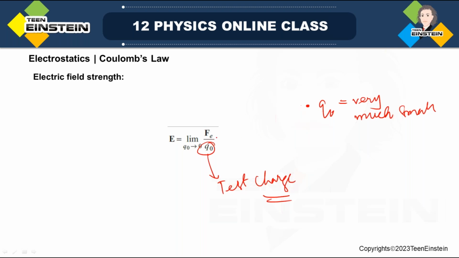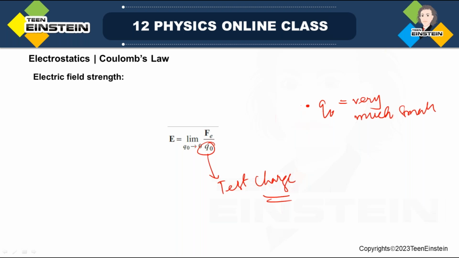If it is very small, then the source charge will not be disturbed by this test charge, and the field due to it will remain equivalent. So this has to be an infinitesimally small charge. That's why the limit Q0 tending to 0 is used.